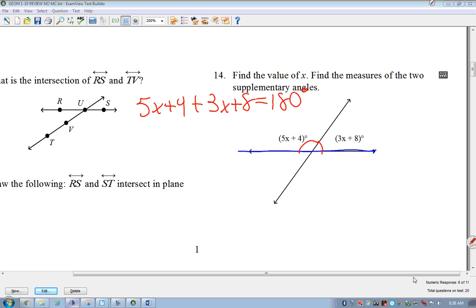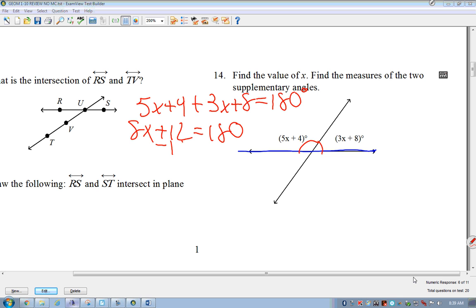Can you tell me what to do from here? 3 words. Combine like terms. Give me my like terms. 5x and 3x is what? 8x. What are my other like terms? 8 and 4, which is 12. 8x plus 12 equals 180. Chandler, what do I want to do with that 12?